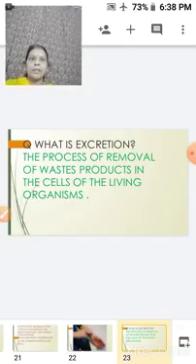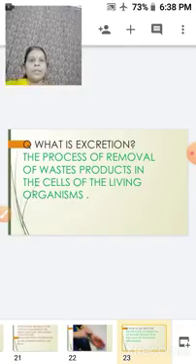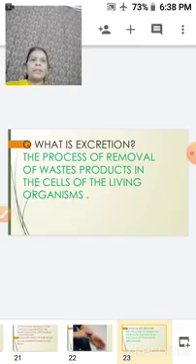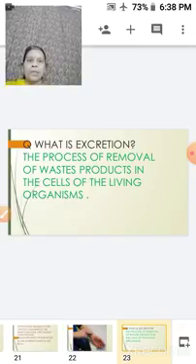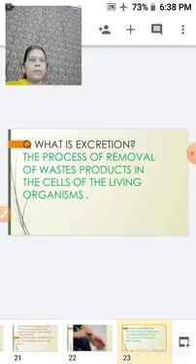In fishes, the excretion takes place through the gills and the kidney, and aquatic organisms mainly excrete it in the form of ammonia. Other organisms such as insects, reptiles, and birds excrete the nitrogenous waste in the form of uric acid.